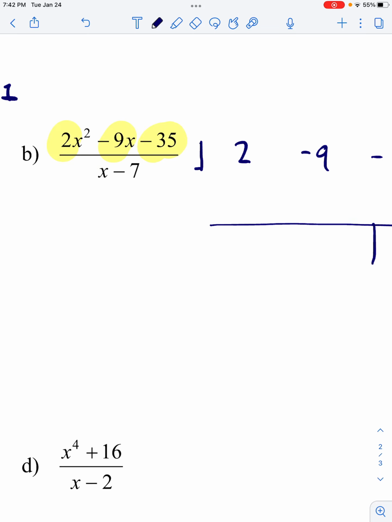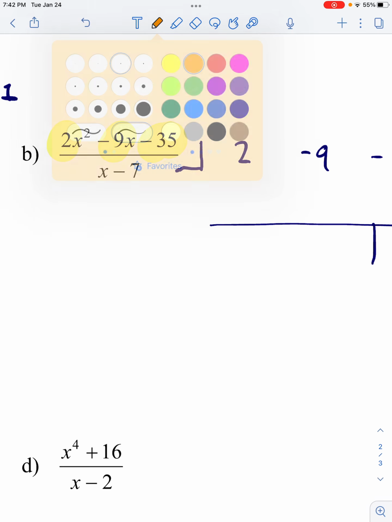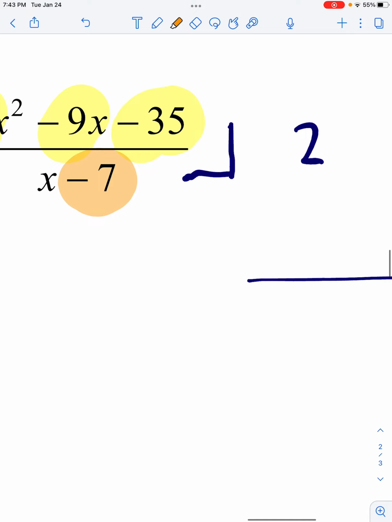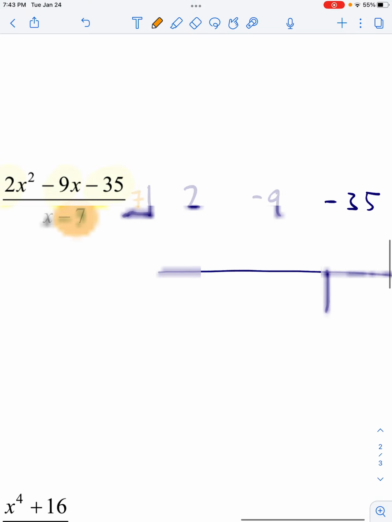In the crow's nest goes the opposite of that constant term of your divisor. That's -7. What's the opposite of -7? +7.